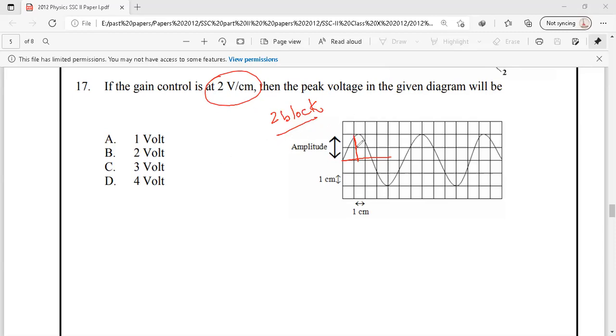So one block is 1 centimeter. This means that one block shows 2 volts. So two blocks will be equal to 4 volts. So the correct answer for this question number 17 is option D.